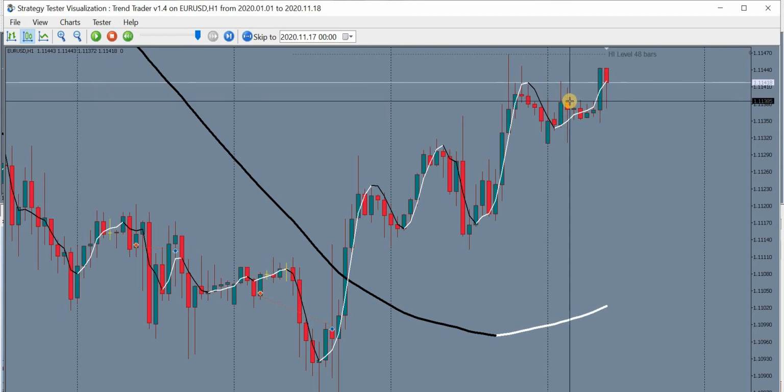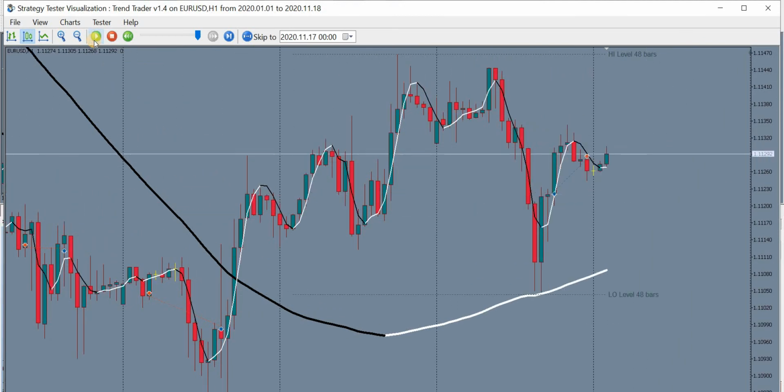However, this signal was ignored because the price at that moment was not 10 pips away from the high level. So basically, when we are buying, we don't want to buy on top of the last swing, the last wave. We want the price to form another dip, a deeper dip than this one, let's say. And continuing, it happened.